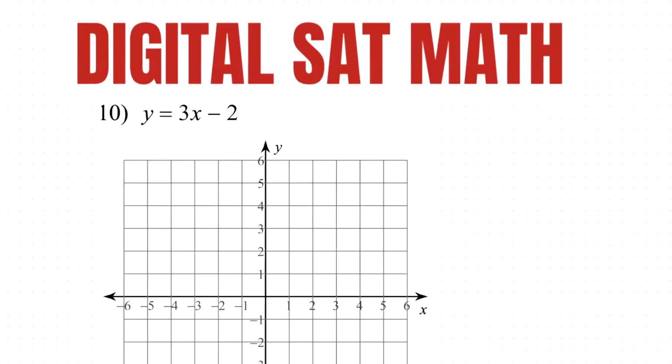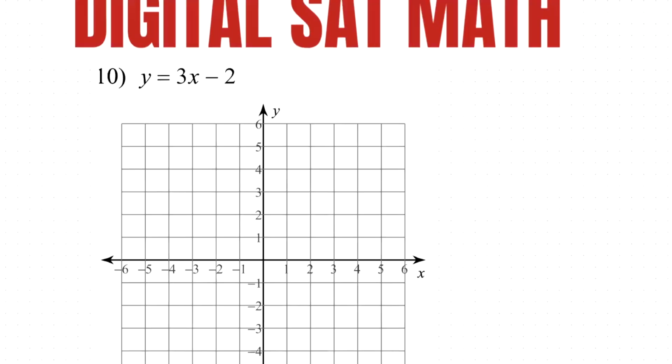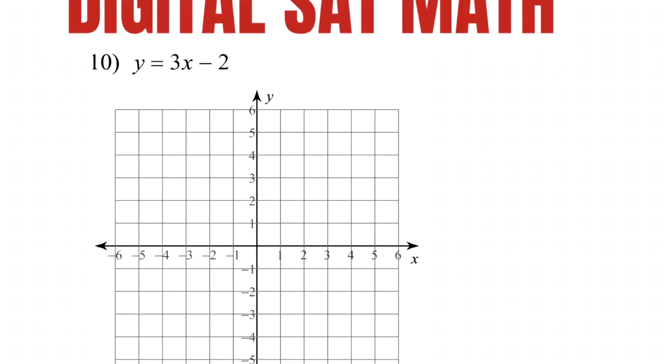So in this case, you're given y equals 3x minus 2, and you're being asked to graph this equation, the line. So what is the slope? Again, the formula, remember, it was mx plus b.